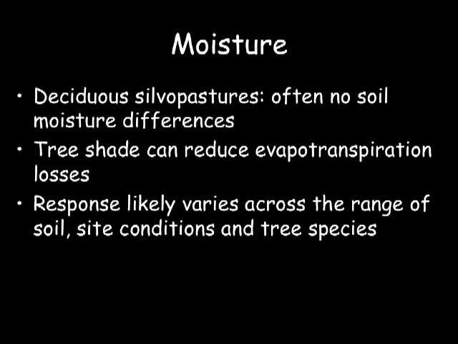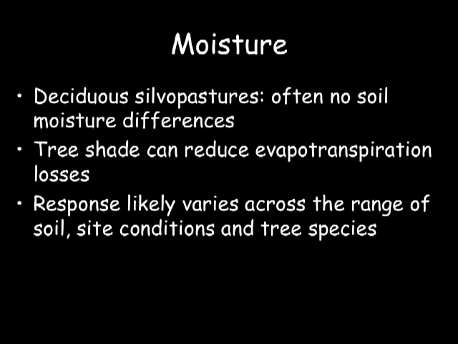Moisture is often a question that's asked about. Well, those trees and those grasses are going to compete with each other for moisture. And that may very well be true. That can be site specific. It's also tree species specific. But what we know from some of our work with deciduous silvopastures anyway is that many times there are no soil moisture differences between, say, open sites and sites with trees.